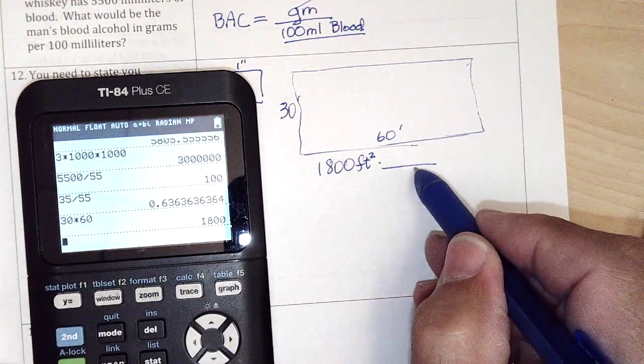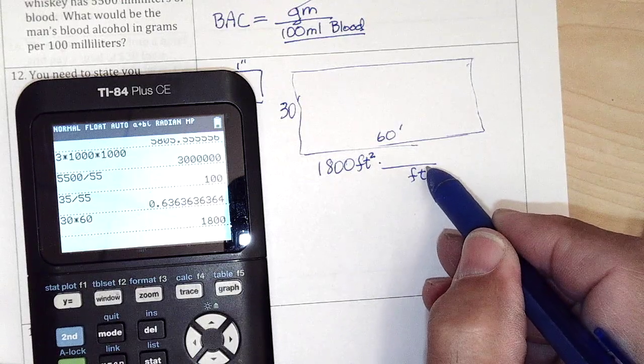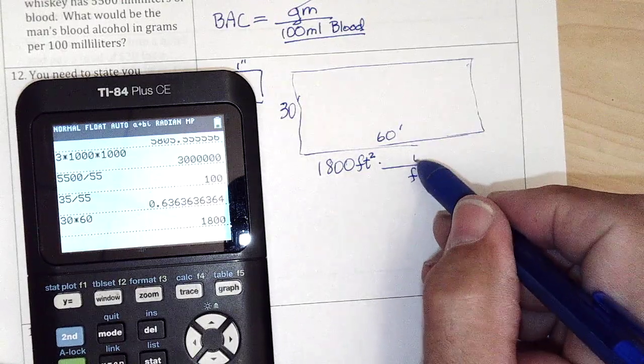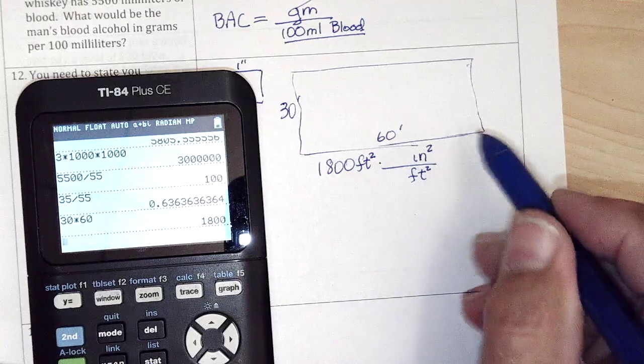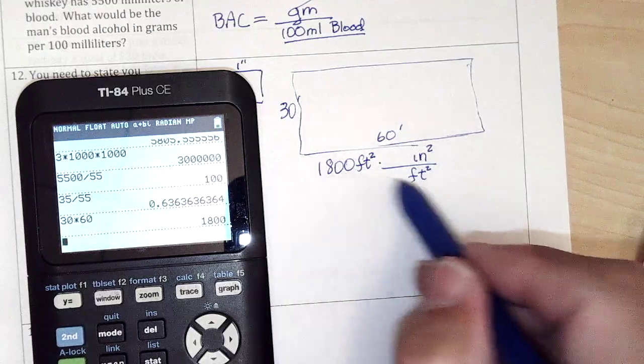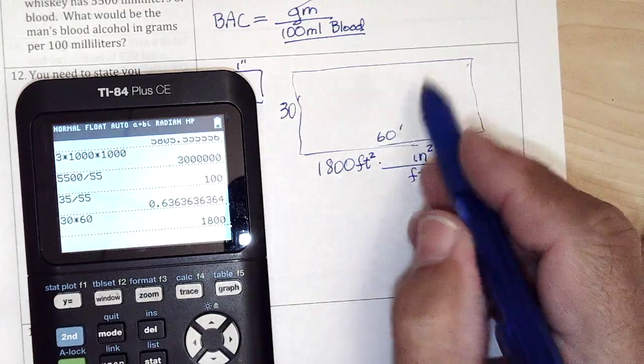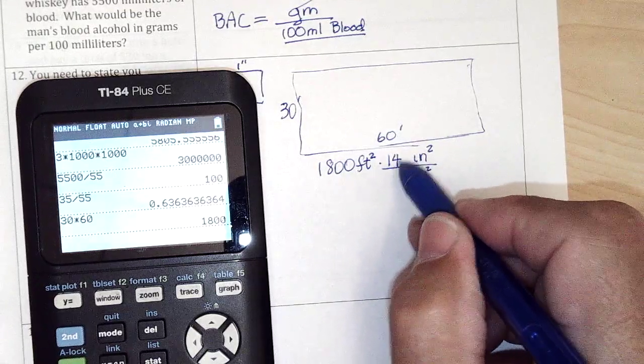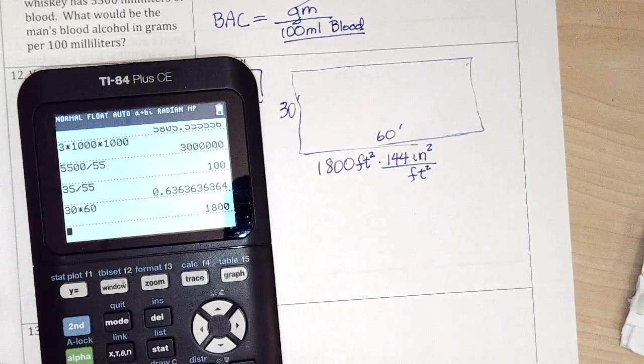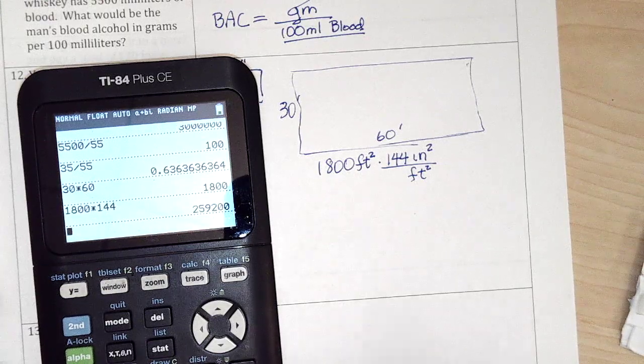And if we have to multiply then by inches squared to get the feet squared out, since every foot is 12 inches, we're going to have 12 times 12 to convert both of them. So that's 144 inches. So we're going to have 1,800 times 144.